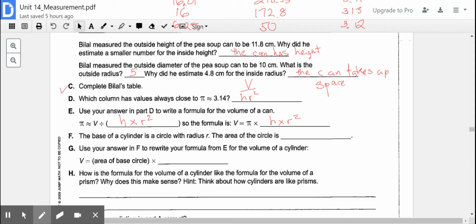The base of a cylinder is a circle with the radius of r. The area of the circle is always pi times the radius squared. So if we use our answer of F to rewrite our formula from E for the volume of a cylinder, the volume of the cylinder equals the area of the base, which is pi r squared, times the height.